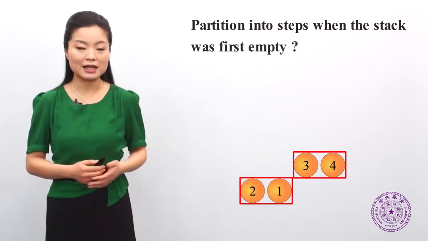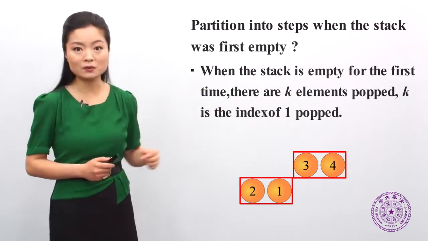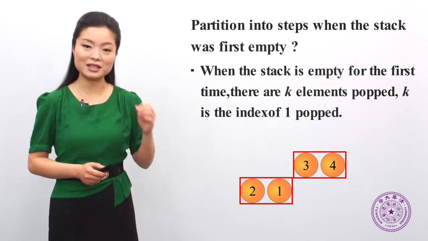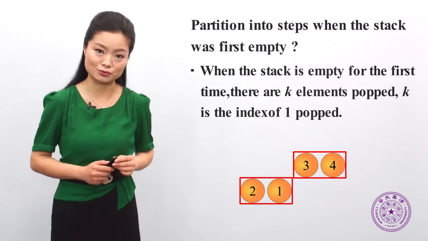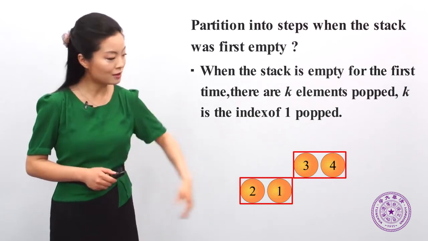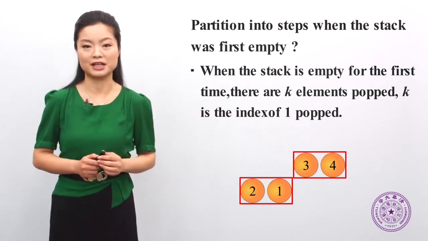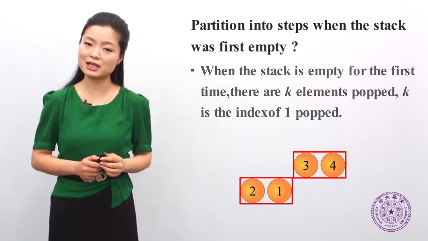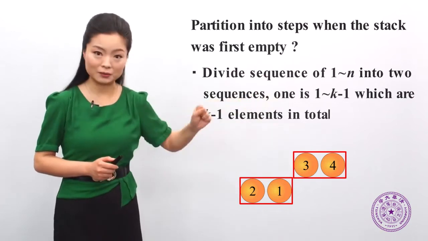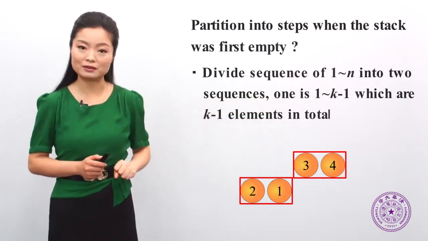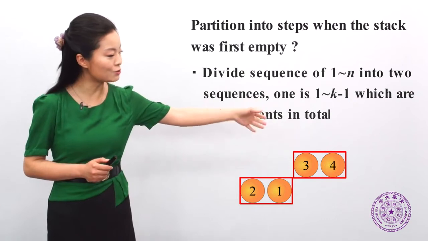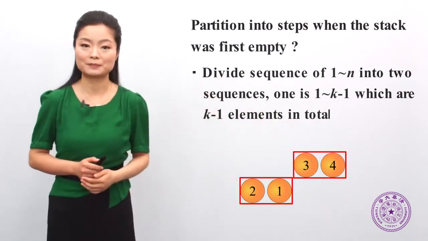You shall find that the first time the stack is emptied, if we have already counted k elements leaving the stack, this means that the first element 1 to enter, we can give the label k. So if we ignore the element that is labeled 1, then before this element, k minus 1 elements must have been pushed in and popped.